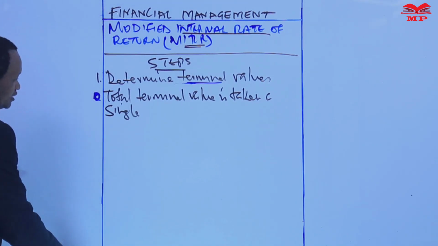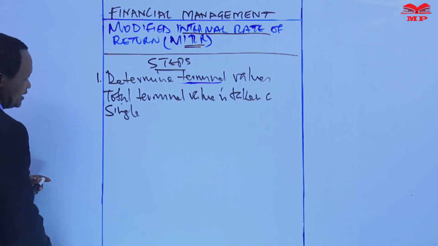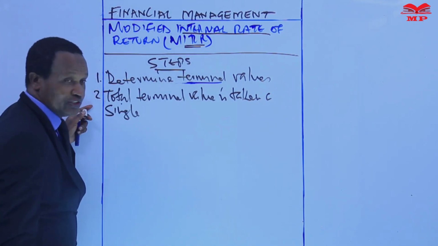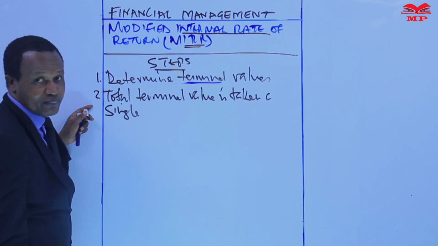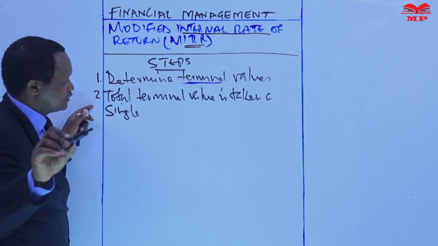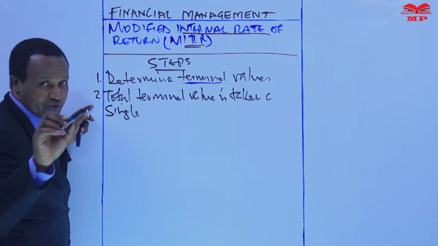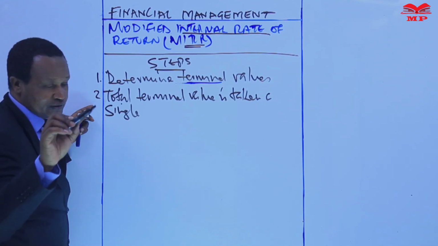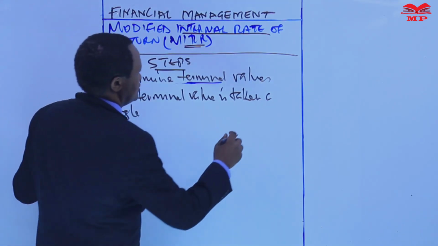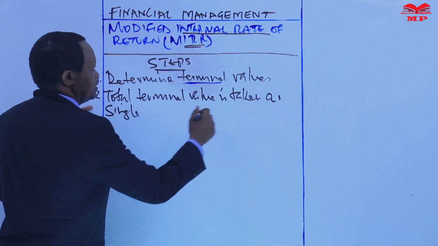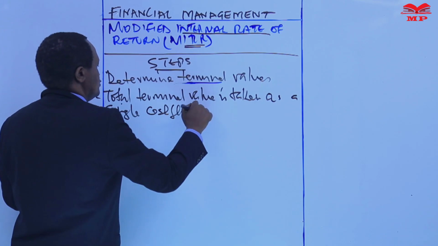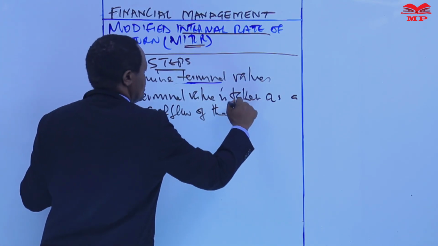It's just addition, and you have calculators to do the addition. So the total terminal value is taken as a single cash flow of the project.